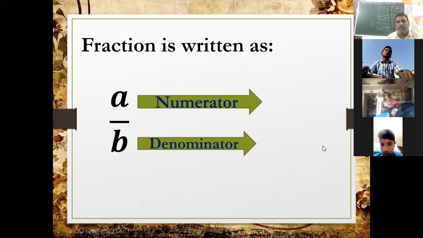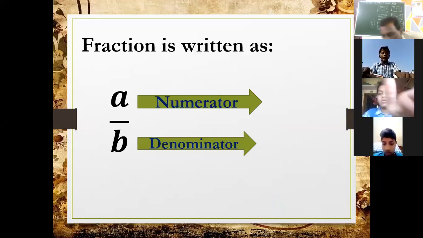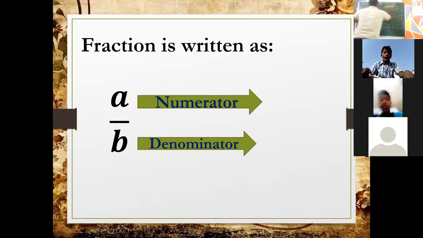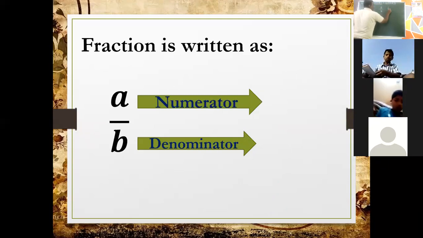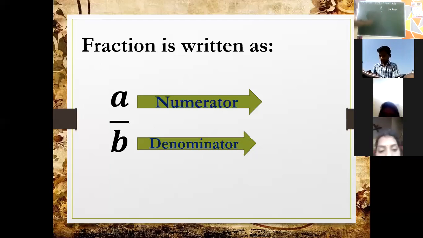Every fraction is denoted in the form of numerator and denominator. A by B, this is called a fraction. A is called numerator, B is called denominator.